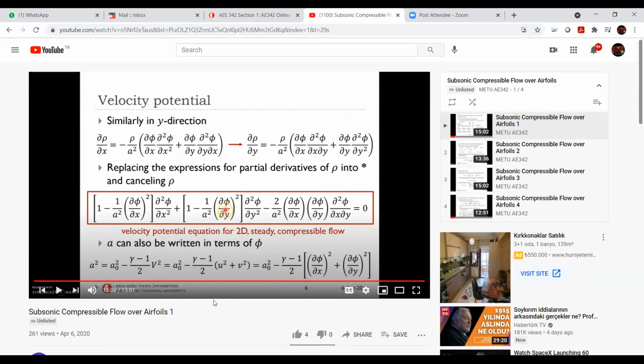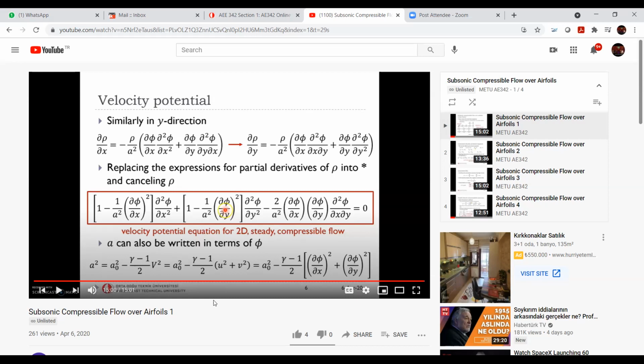Since we are dealing with a subsonic flow, first of all, and we are assuming it's an isentropic flow, meaning along a streamline, let's say, that is going to pass over an airfoil, there will be no heat transfer, and we are ignoring the frictional losses because we assume it's inviscid flow.